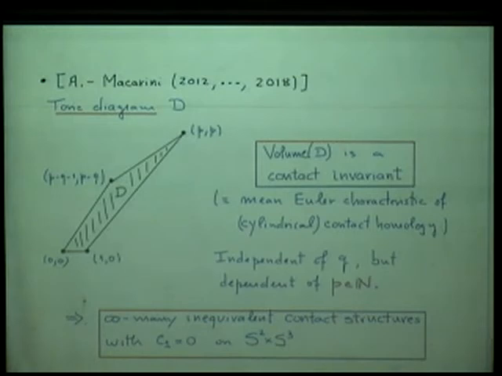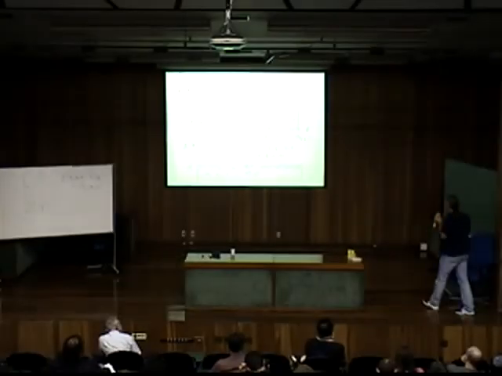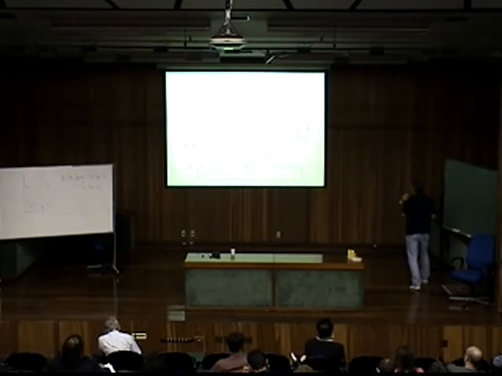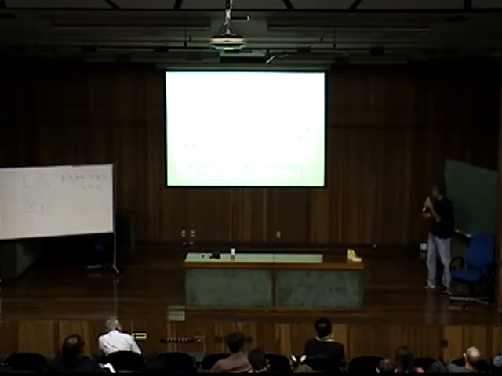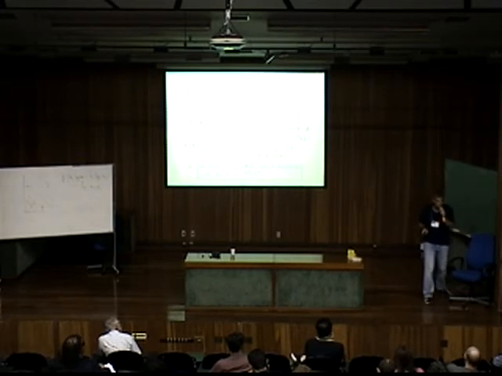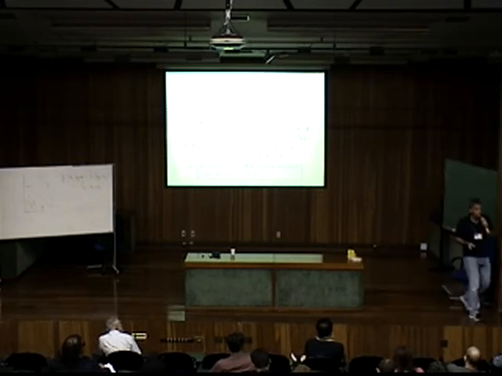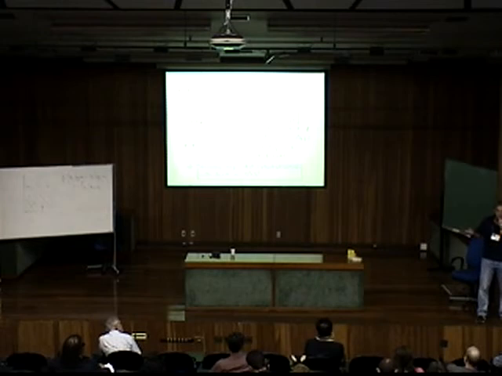If some of you have followed a little bit these developments in symplectic topology and contact topology, there is something called cylindrical contact homology, which you can associate to a contact manifold. It's a kind of homology theory.